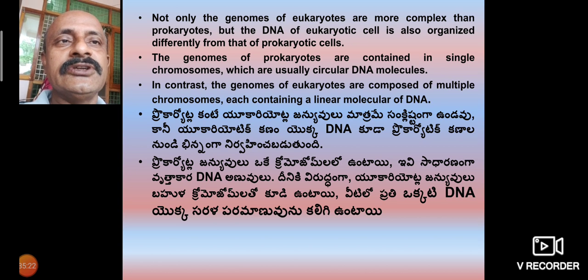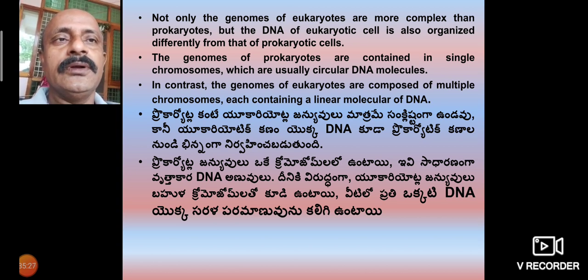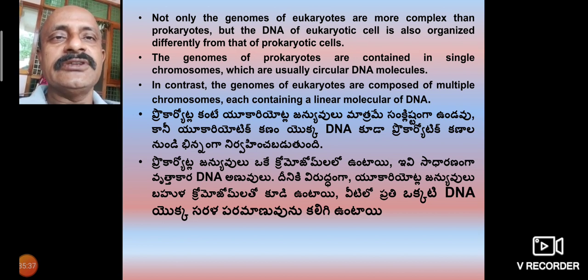Not only are eukaryotes more complex than prokaryotes, but the DNA of eukaryotic cells is also organized differently from that of prokaryotic cells. The genomes of prokaryotes are contained in single chromosomes, which are usually circular DNA molecules.